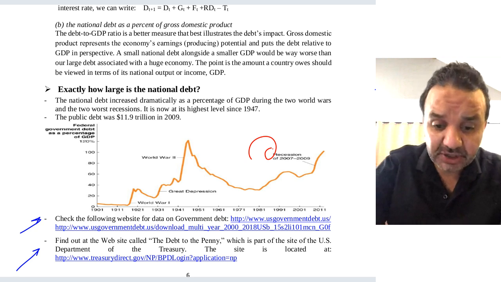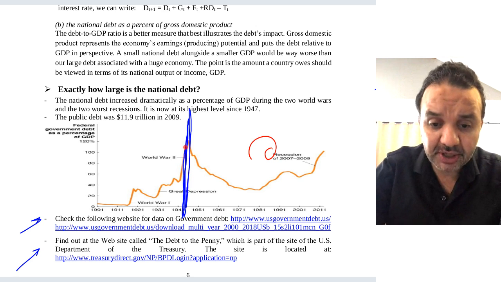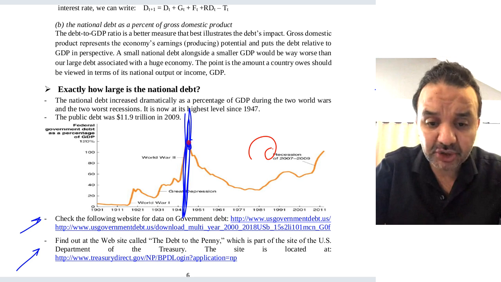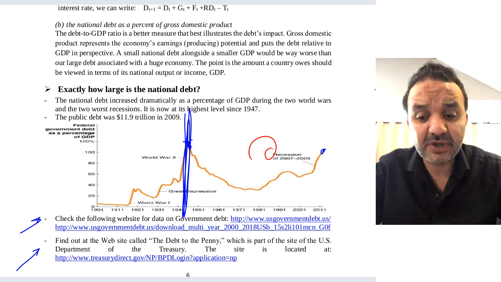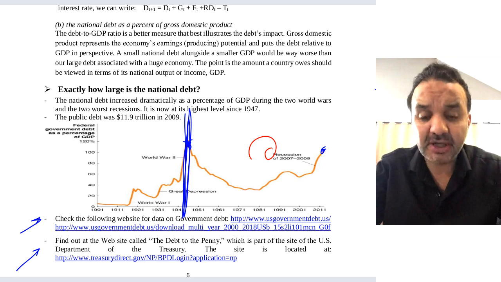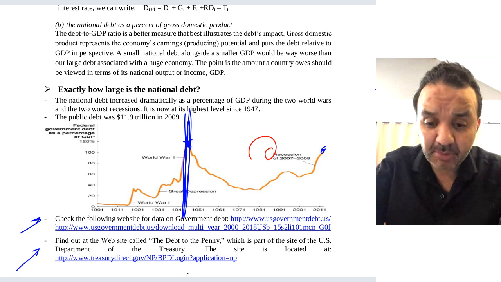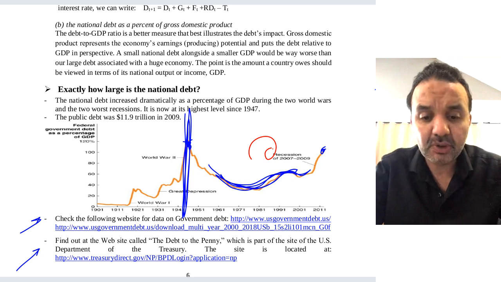So as you can see here, during World War II, there was this Great Depression, so that's why the national debt peaked here, and also here in 2007, 2008, after the financial crisis, you see the national debt increase. But during expansion time, the national debt will decline.